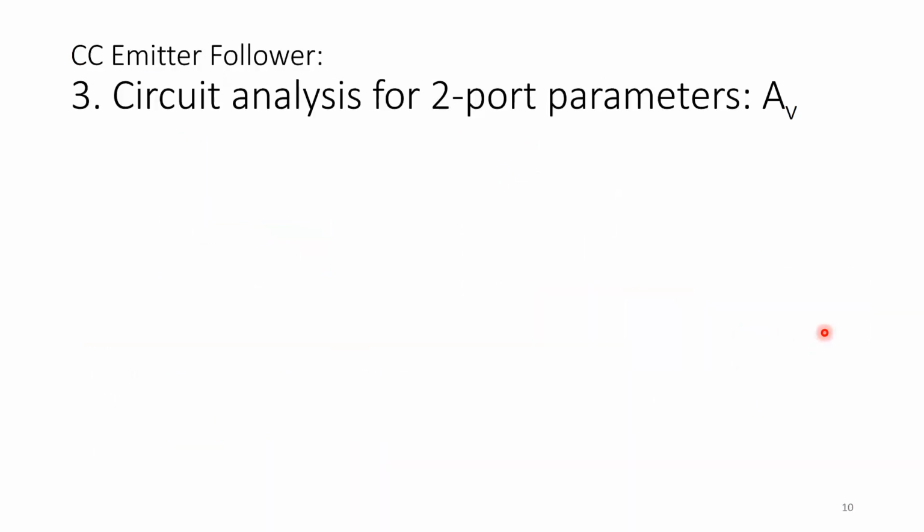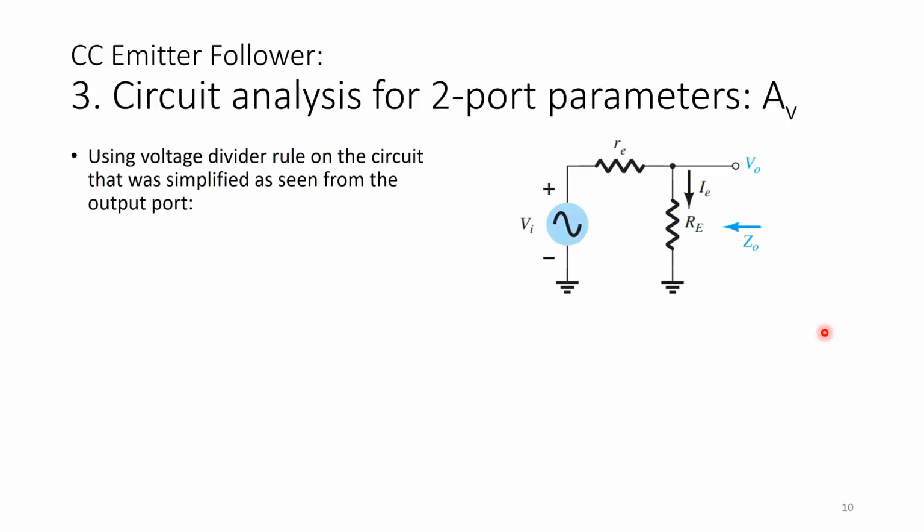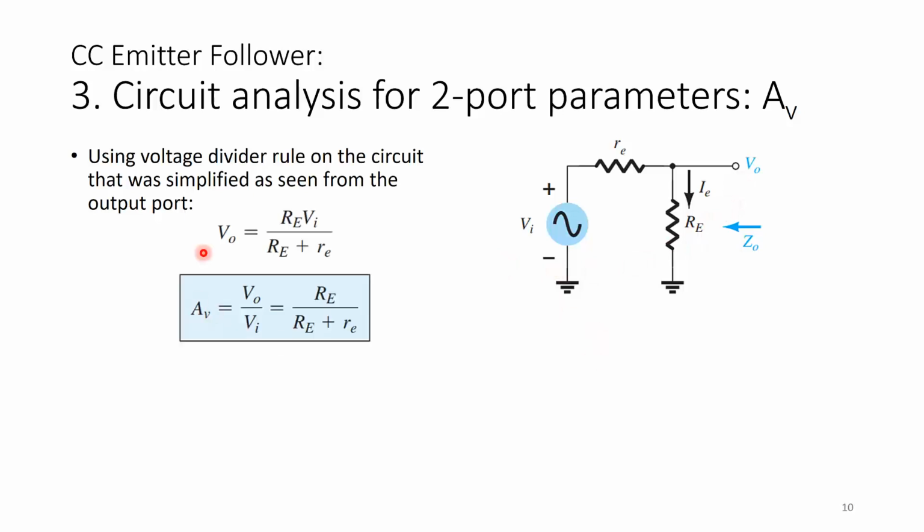Now how do I find AV, the voltage gain? Using the voltage divider rule on the simplified circuit, as seen from the output port, I can find an expression relating Vout to Vin, where Vout is equal to the emitter resistor RE divided by the total resistance of the emitter resistor RE and the small signal re, times Vin.